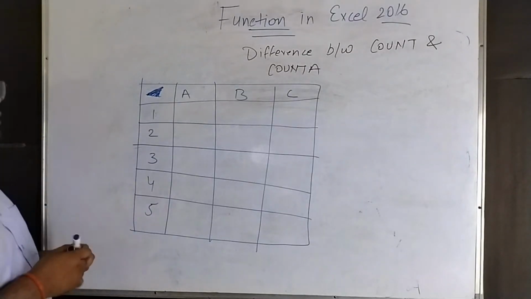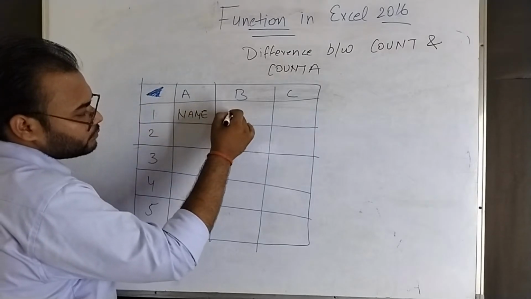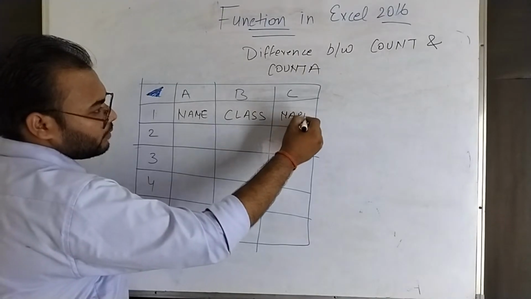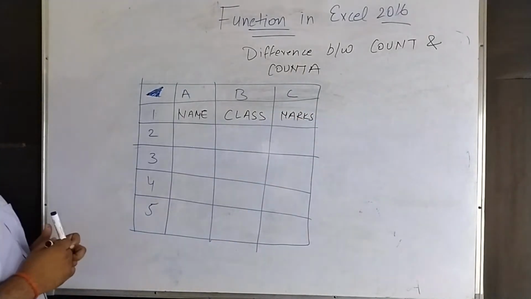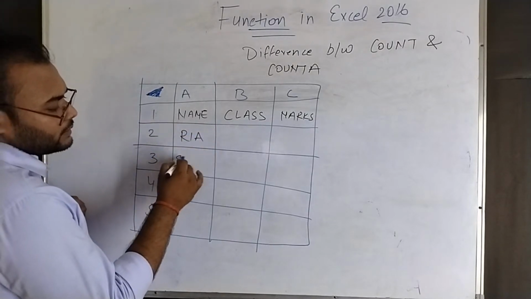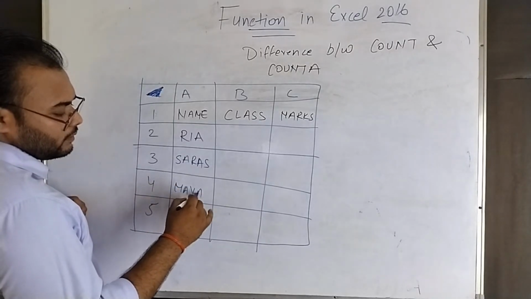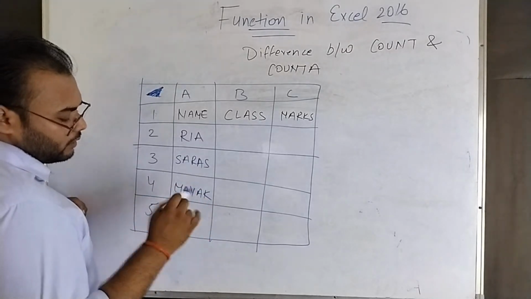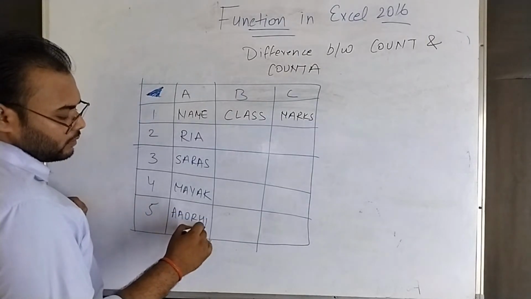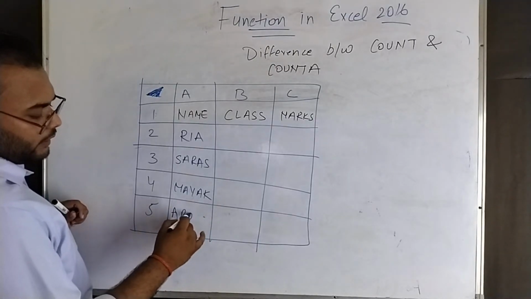Now I'm taking some values like name, class, and marks. Suppose I have written the names Riya, Saras, Mayank, and Arohi.